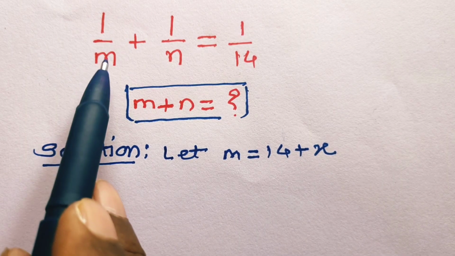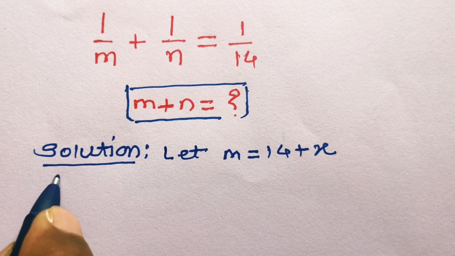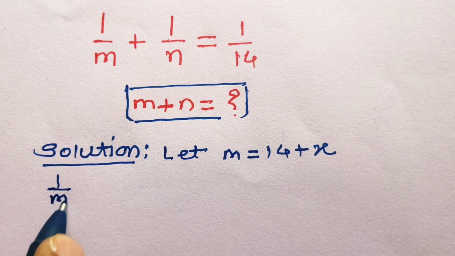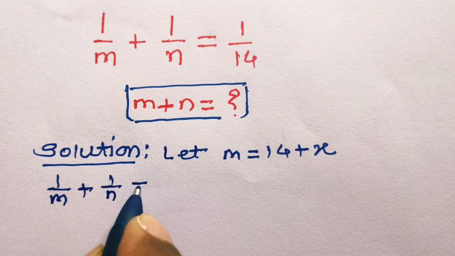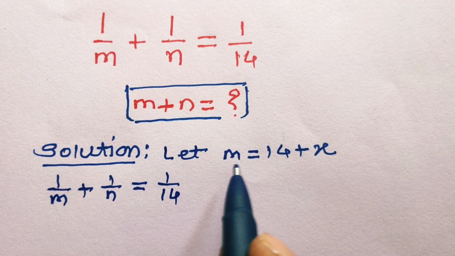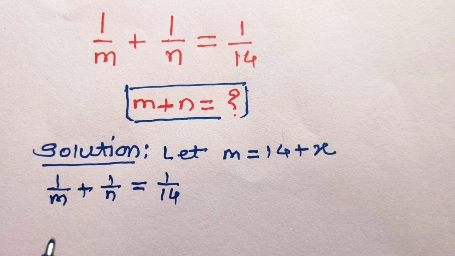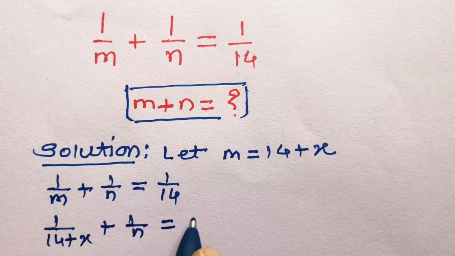Given that 1 upon m plus 1 upon n is equal to 1 upon 14, so we can write here 1 upon m plus 1 upon n is equal to 1 upon 14. Put this value of m in this expression, hence 1 upon 14 plus x plus 1 upon n, this is equal to 1 upon 14.